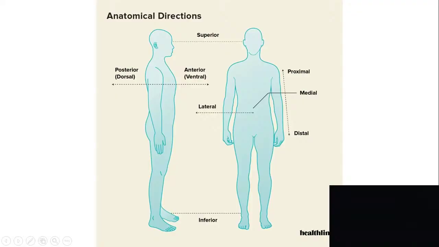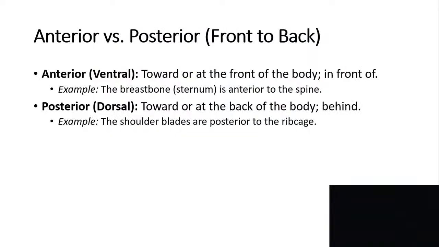Okay, so the next is about anterior versus posterior, or what we may say front versus back. When we say anterior, in this case, we mean the ventral, or towards or at the front of the body, in front of. For example, you can say the breastbone, or what we know as the sternum.